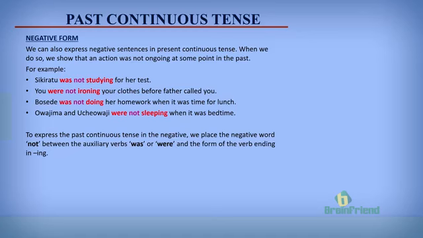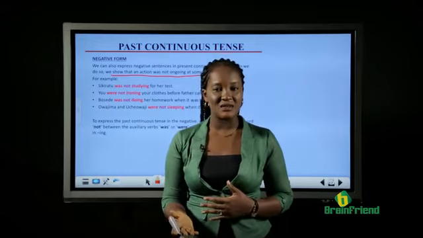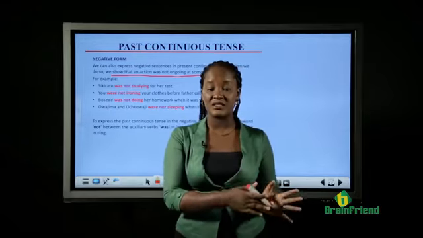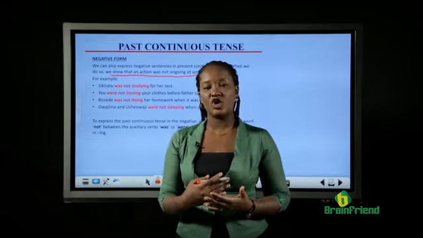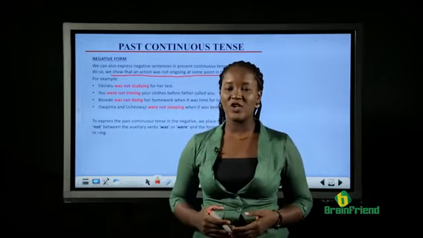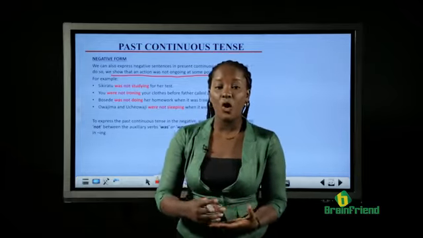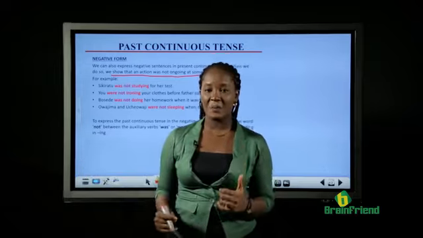Now, still talking about the past continuous tense, we use the past continuous tense to express negative sentences. And when we do, we show that an action was not ongoing at some point in the past. That is, when we express sentences in the negative in the past continuous tense, we mean that an action was not ongoing or an action did not go on for some time in the past.